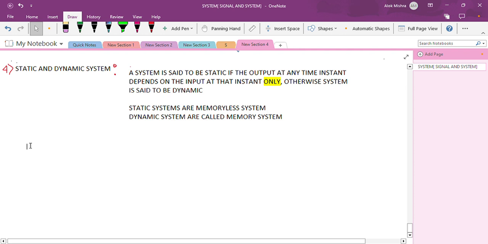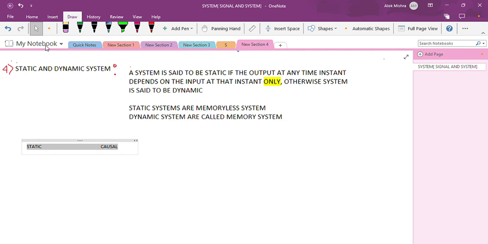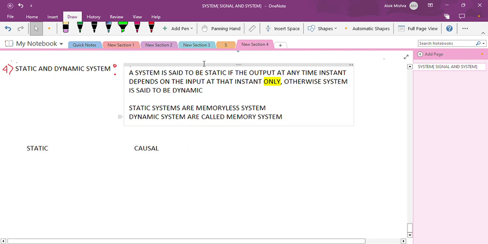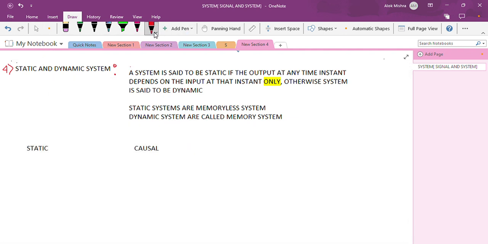Any doubt on this? Okay, static and causal, what will be the difference between them? Static systems always depend on the present value, and causal systems always depend on present as well as past. So in static, the output must depend on the present value.